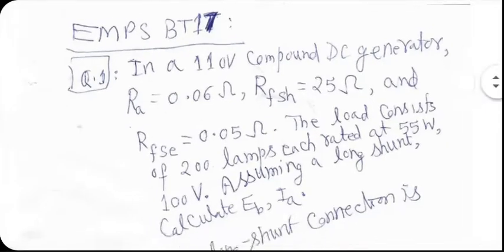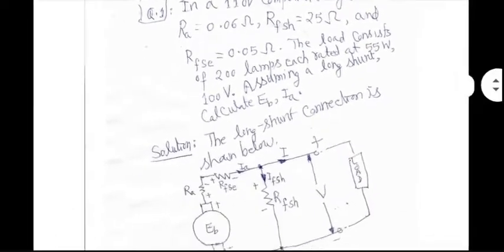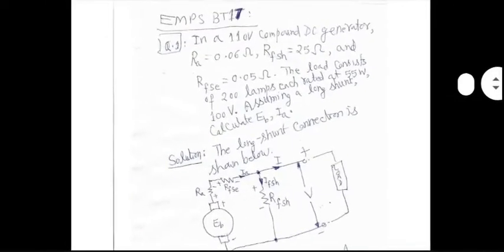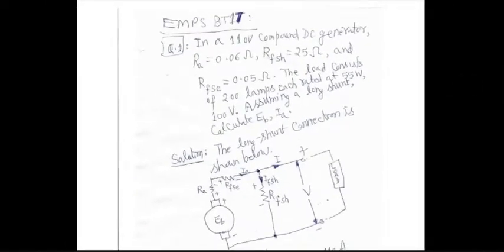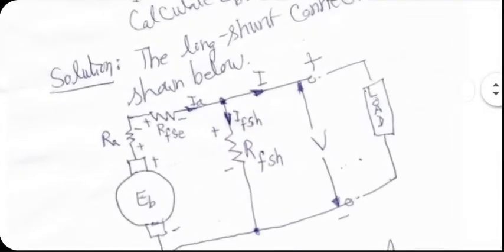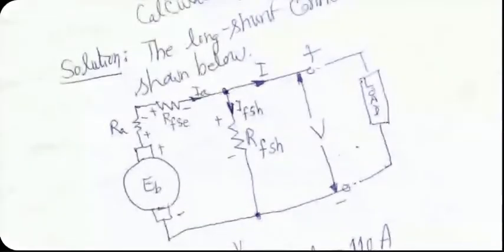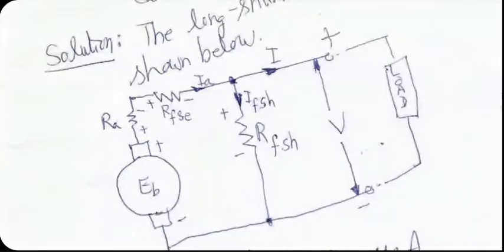Now I'll tell you what long shunt connection is. Compound winding is of two types, long shunt and short shunt. Long shunt means the shunt component of the field winding is placed later. When you begin from the armature side, you first bring the series component of the field winding, which is shown as RFSE, and then you put the shunt component, which is RFSH. Obviously, that goes in parallel. The total resistance of the field winding is RFSE plus RFSH.